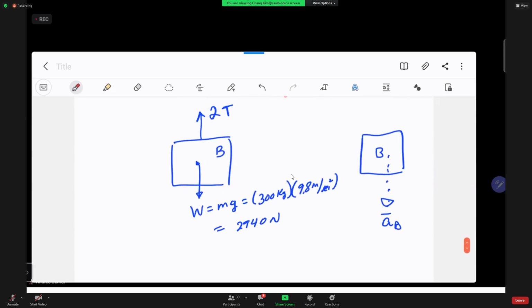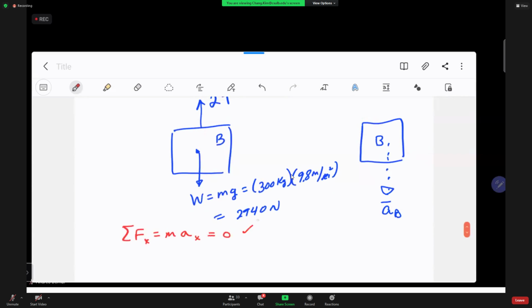In here, now the block B, F equal to MA, block B in the horizontal direction, and there is nothing in it. Okay, so there is no force in the x direction, and therefore the B will not shake side to side. It will go up and down only. So this checked. The static equation checked. So in the vertical direction, okay, and the downward to be positive.